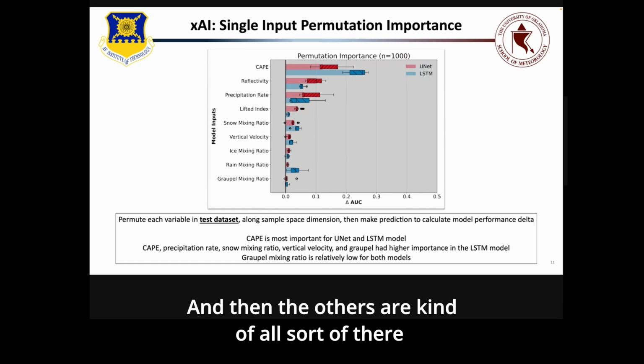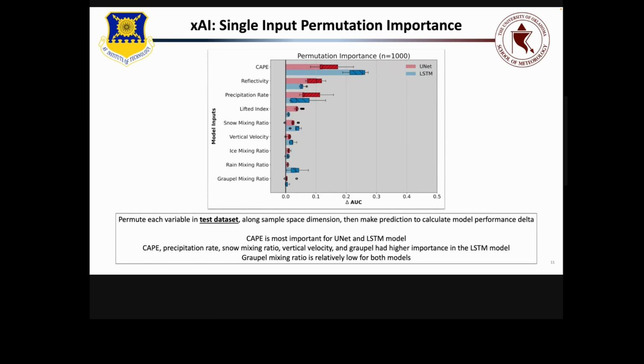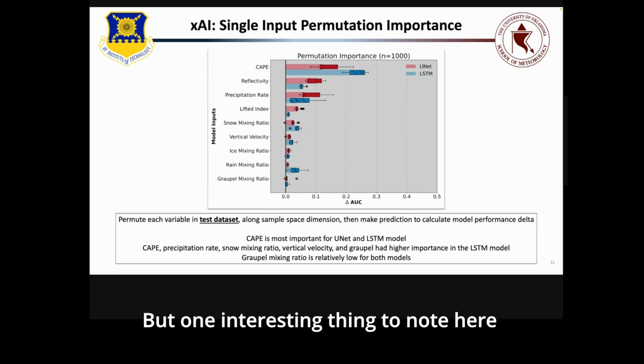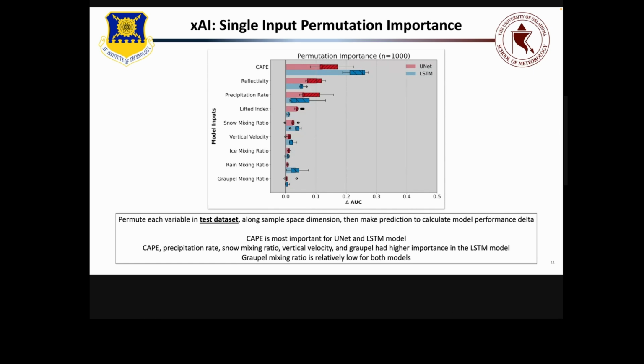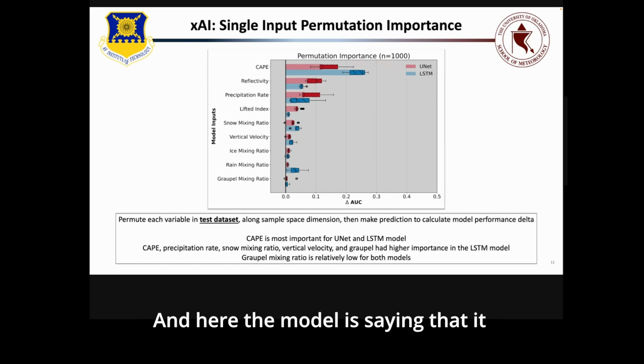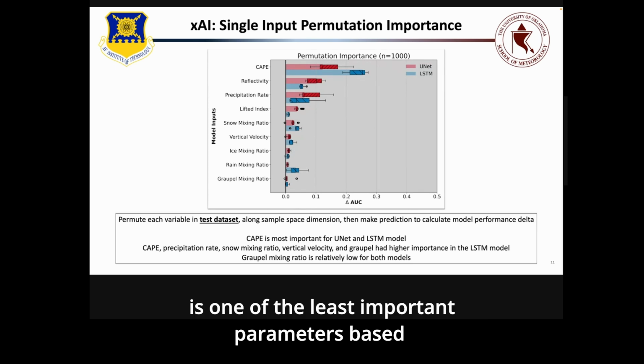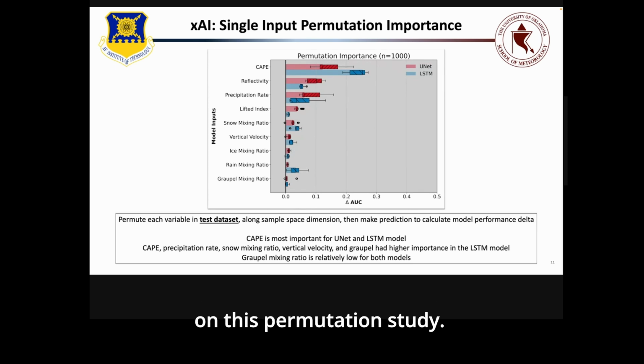And then the others fall sorted there by the median value. But one interesting thing to note here is that graupel is known in lightning to help carry charge in a storm and generate the electrification that's needed to produce lightning. And here the model is saying that it is one of the least important parameters based on this permutation study.